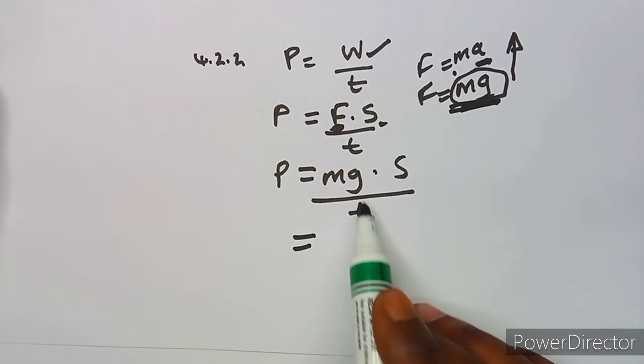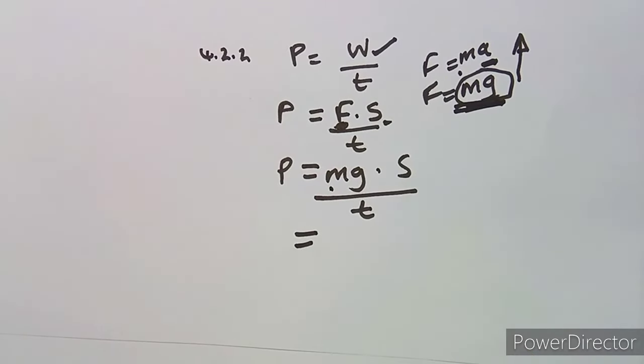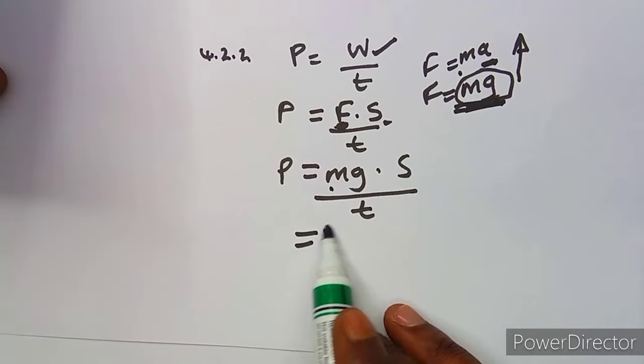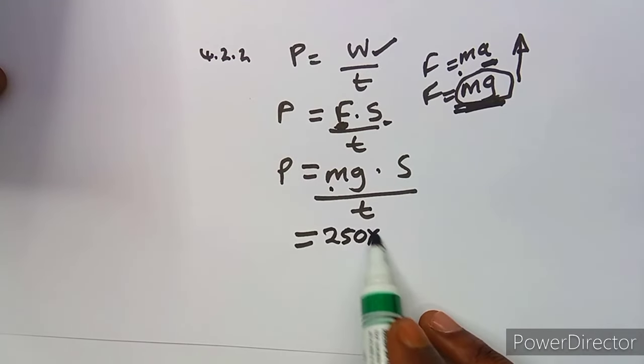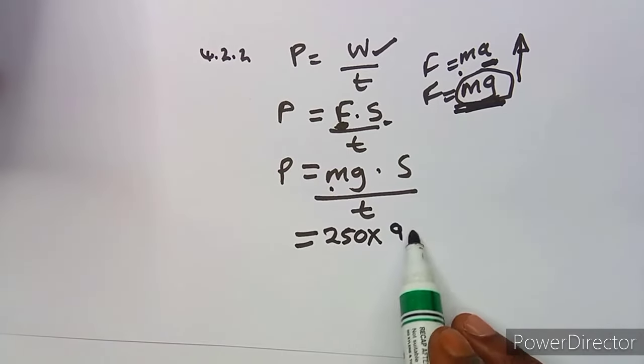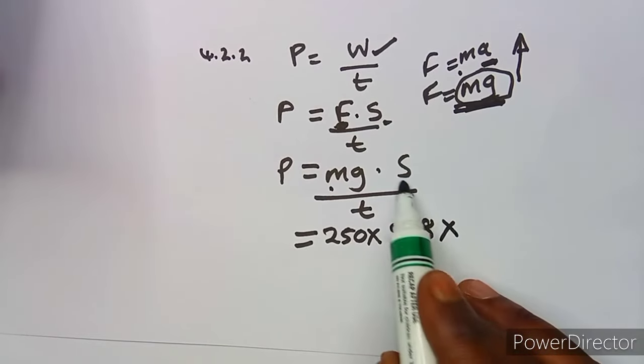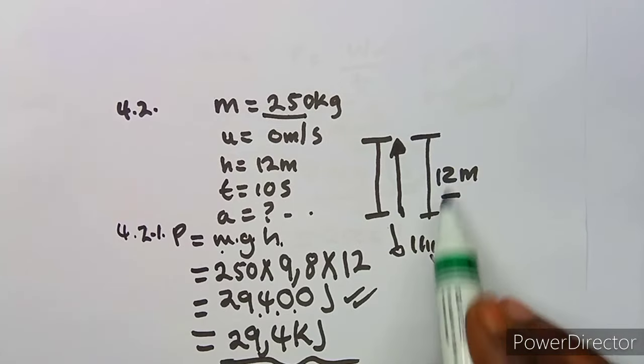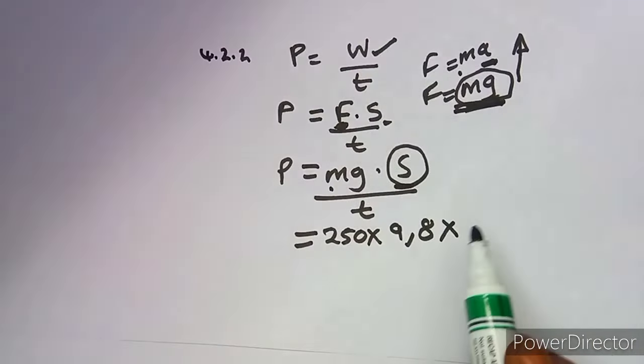So if you use this part, you're going to substitute the mass now. From the information that we had, the mass is 250 kg. So that's 250 kg multiplied by the gravitational acceleration, which is 9.8, multiplied by the height. This distance represents the height being taken upwards, which is 12.